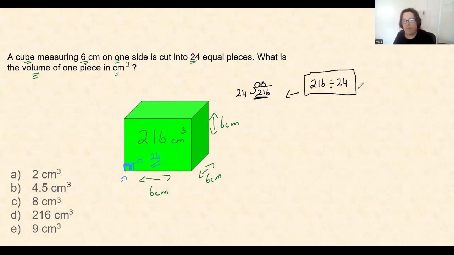One method that we can use is to estimate. So we know that for 216 divided by 24, 24 multiplied by 10 will give us 240. 216 is less than 240, so 24 multiplied by 9 is going to be 240 subtract one group of 24, which is 216.